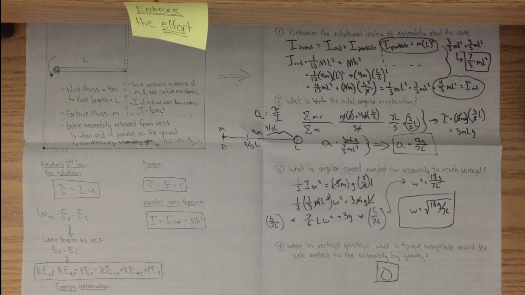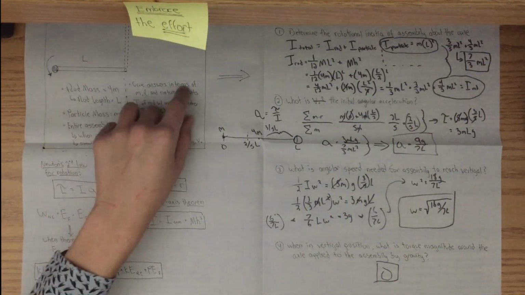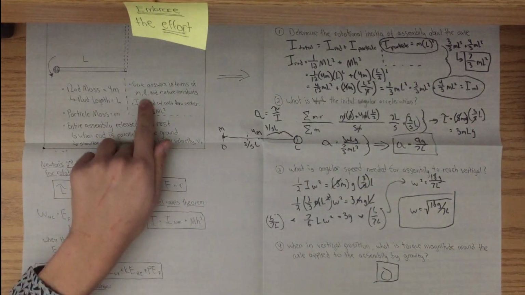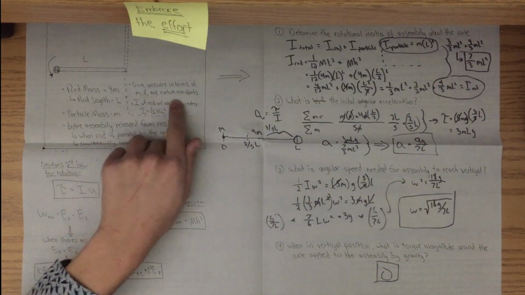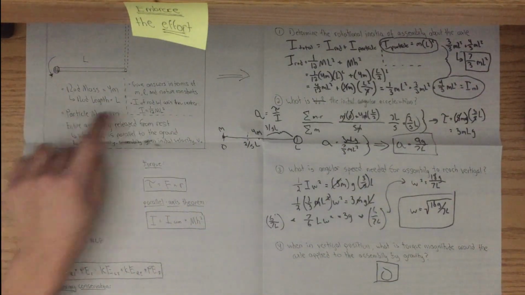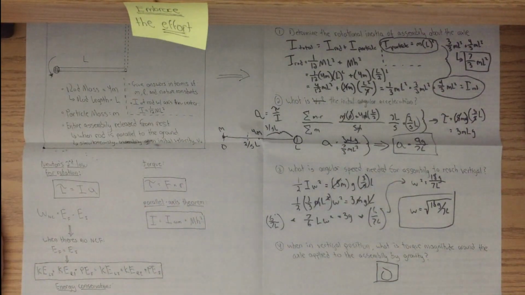So that's our setup, and then our question asks us to give all answers in terms of m, L, and nature constants, L being the length of the rod.